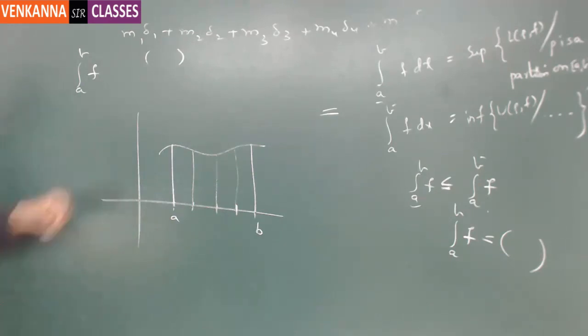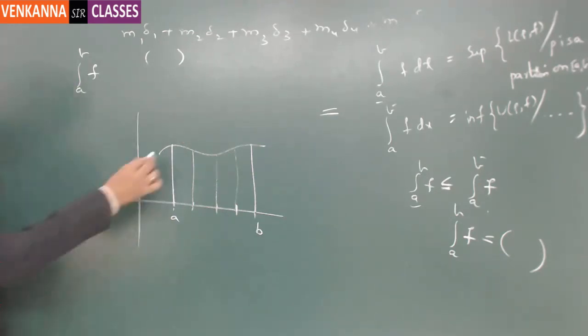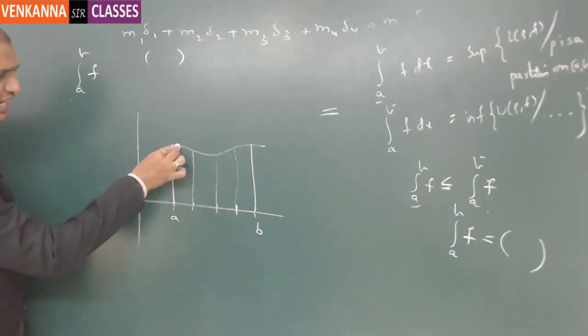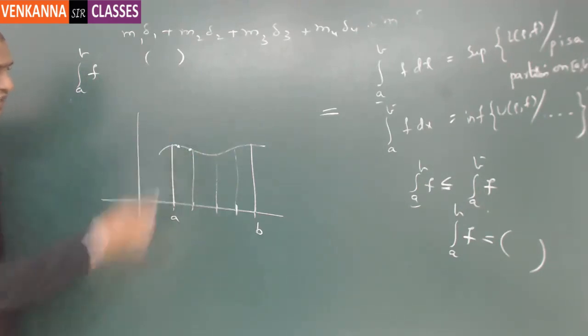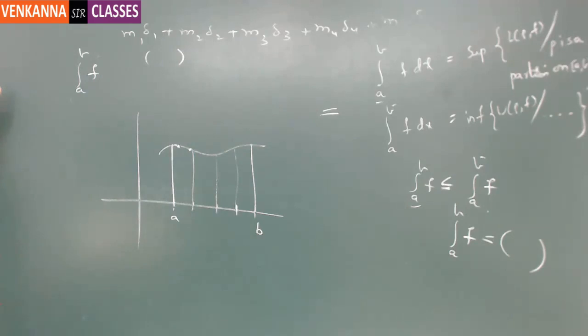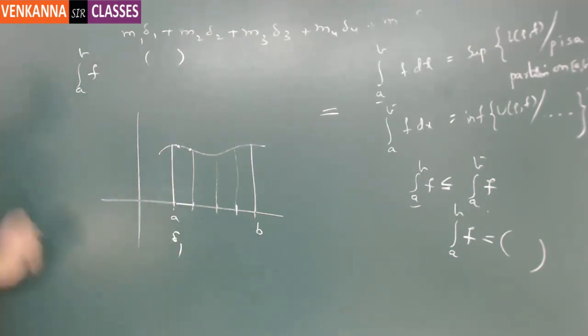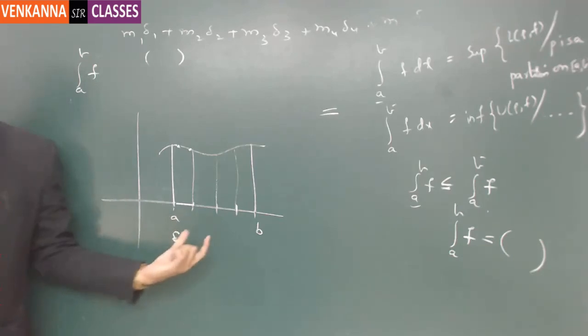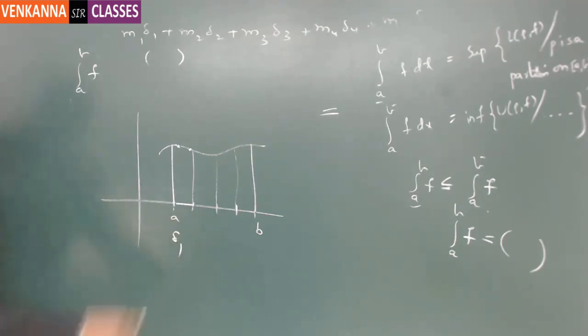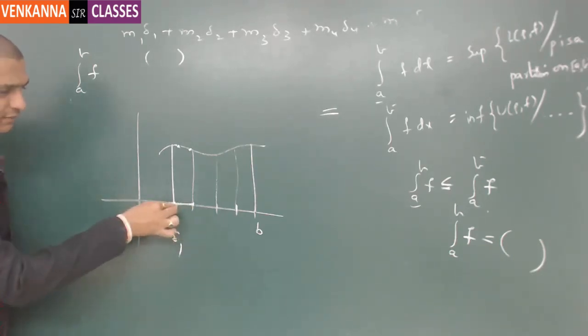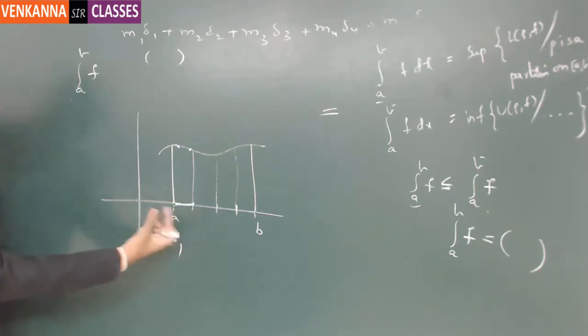Now, for each segment, this is the function's highest value, this is the function's lowest value on the graph. For the first interval, delta 1 is nothing but the difference between the endpoints. So you are taking the breadth here, this horizontal width.